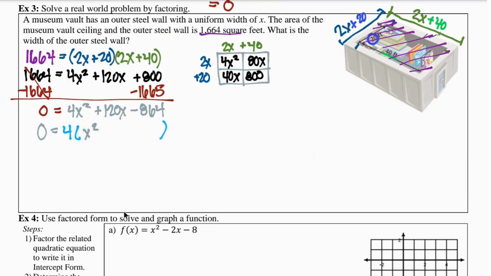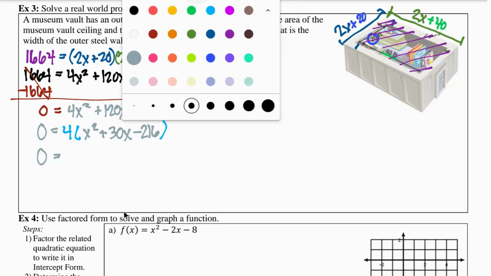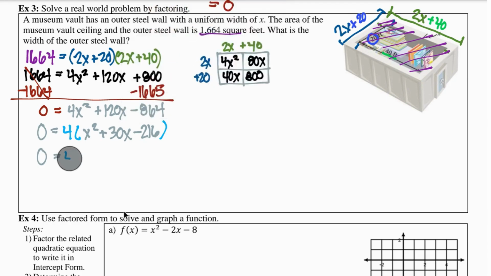When my a is 1, it's a nice factoring method. So 120 divided by 4 is 30, so I get x squared plus 30x. And then negative 864 divided by 4 is negative 216.